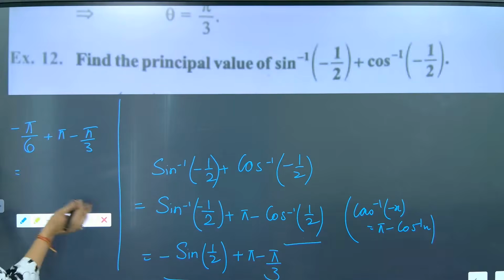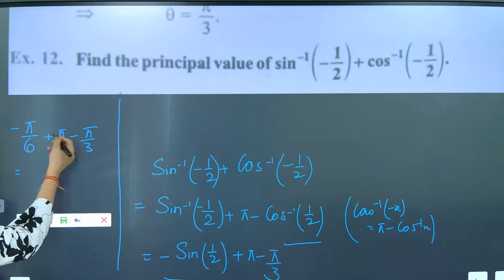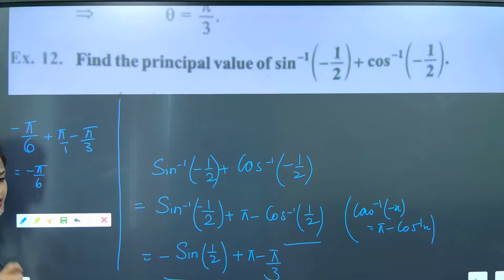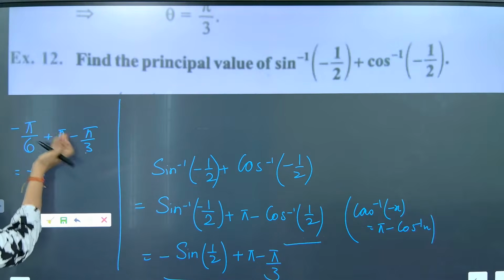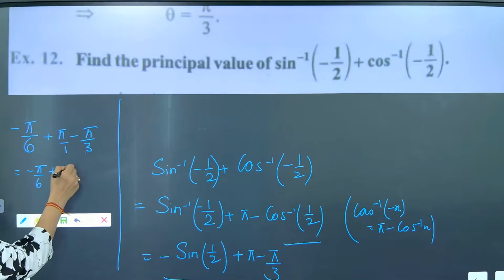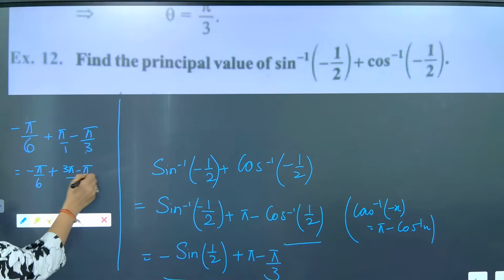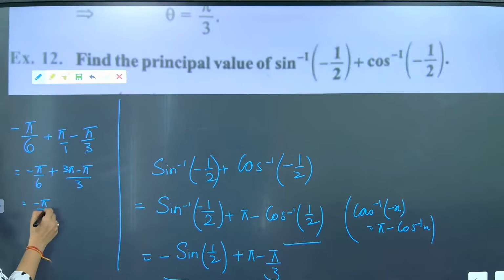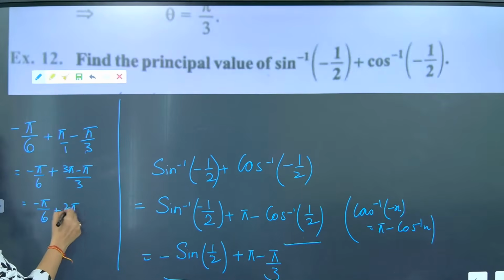Now quickly we will go for cross multiplication. For those students who are finding difficulty in writing steps, please go slowly after solving. Pi will become 3 pi by 3, minus pi by 3, so that is 2 pi by 3. Minus pi by 6 plus 2 pi by 3.